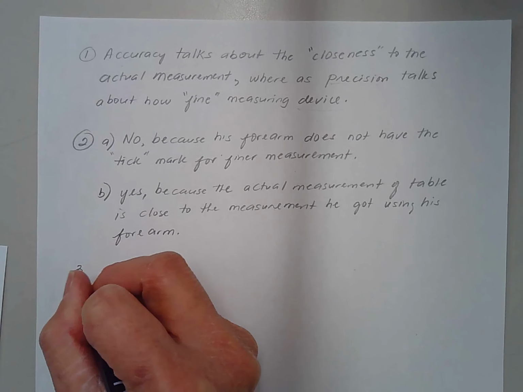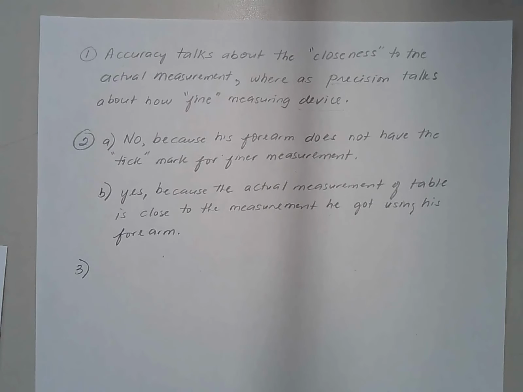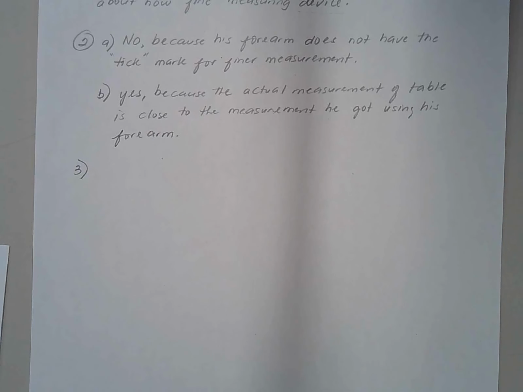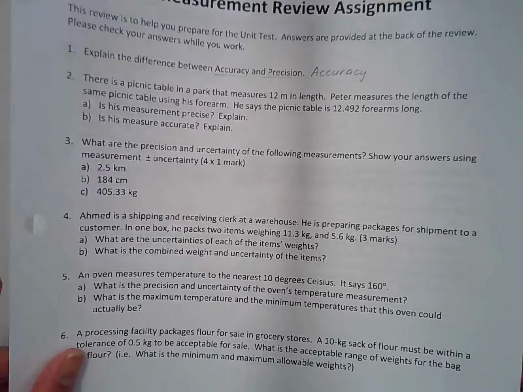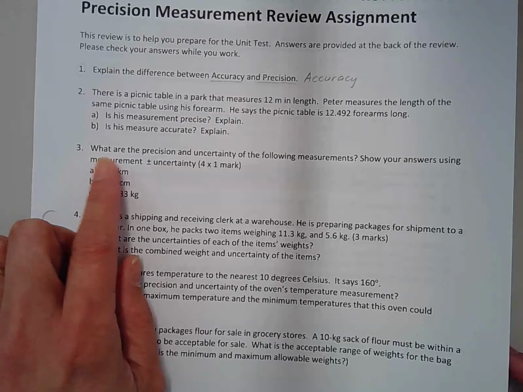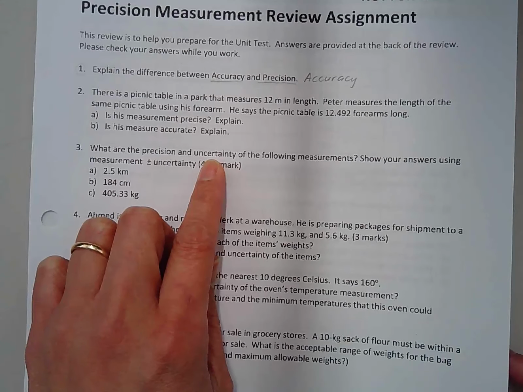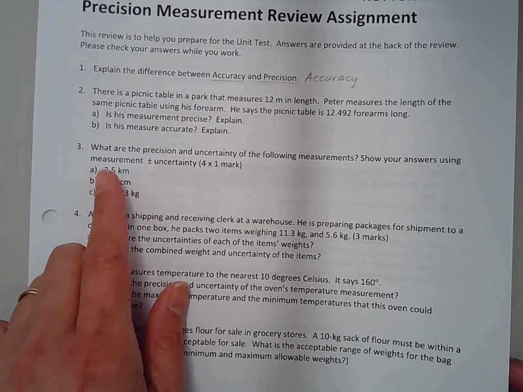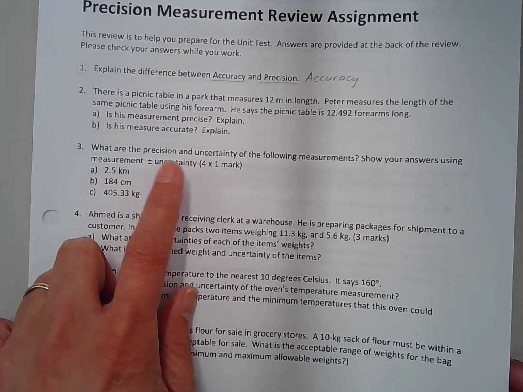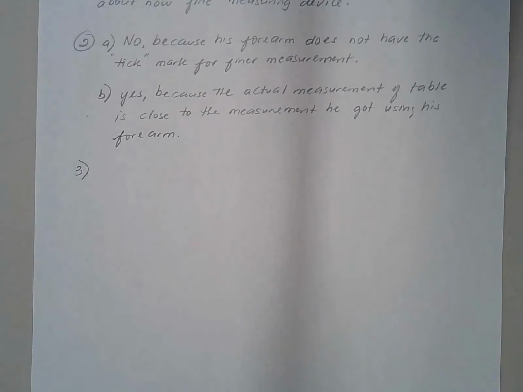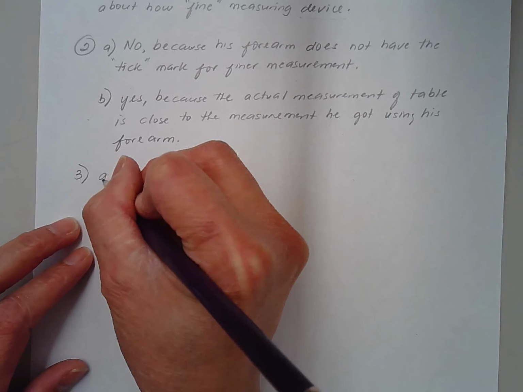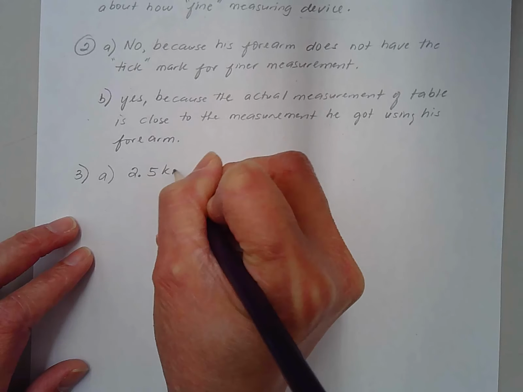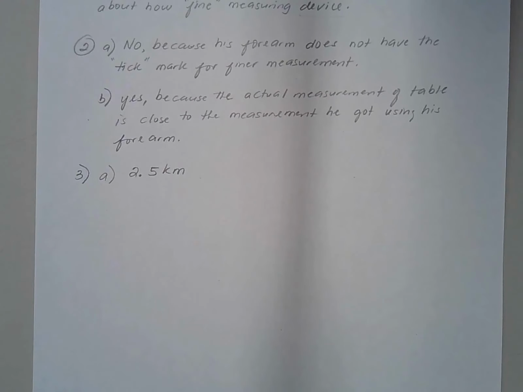Now let's take a look at question number 3. I'll read it first and then we'll see. What are the precision and uncertainty of the following measurement? Show your answer using the measurement plus or minus uncertainty. So let's take a look at letter A, 2.5 kilometers.